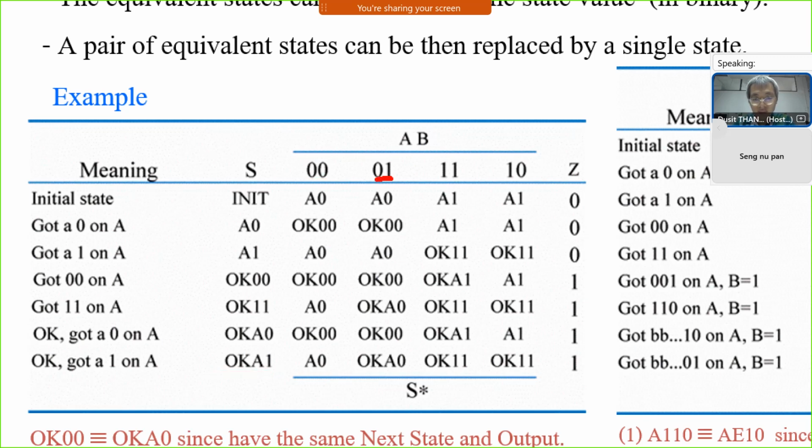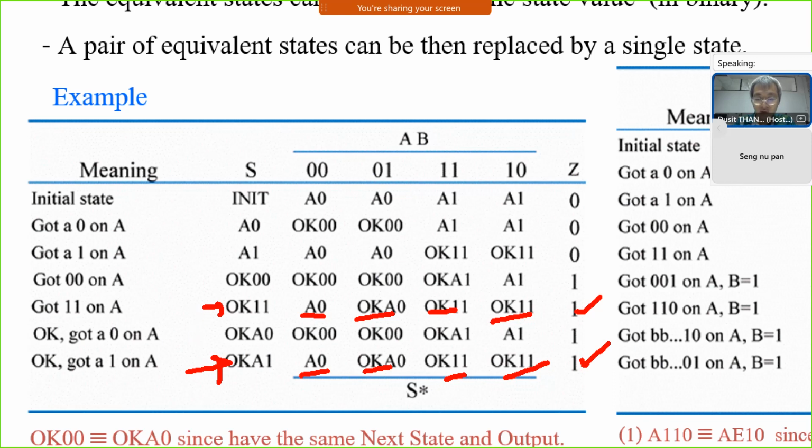And when input AB is 0, 1, the next state is 1, 1. This one, OK1, 1, has output 1. This state and this state, OK1, 1, also have the same next state and the same output. So these two states are equivalent.